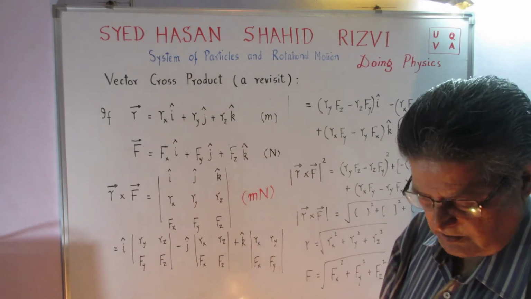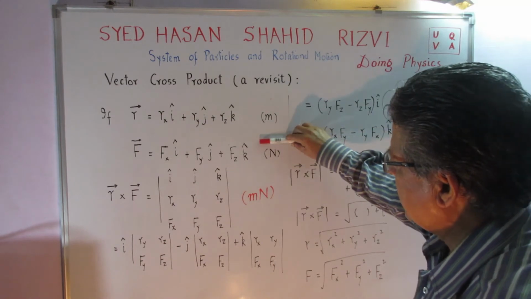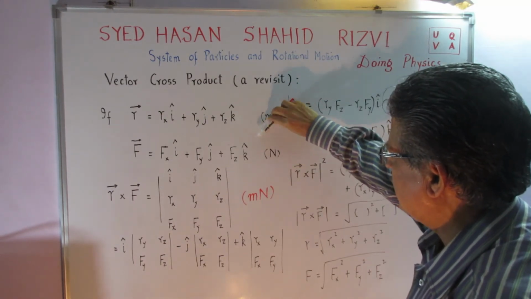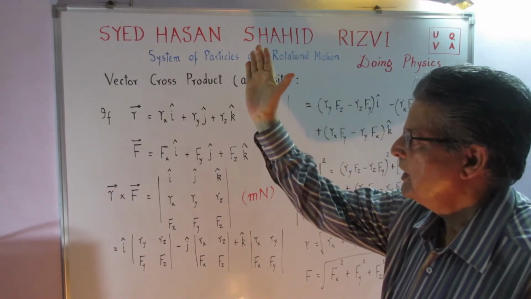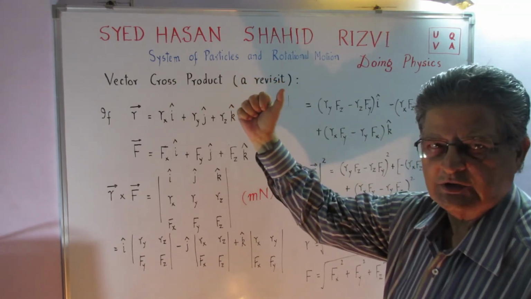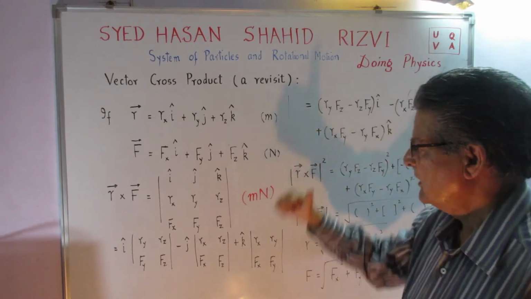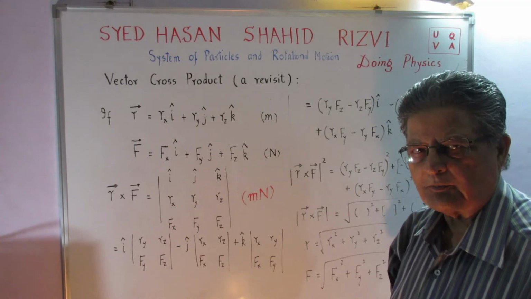Always remember, before I close, that if there are two vectors, A like this and B like this, then we have to use the right palm and the fingers curl like this. When I take the first vector toward the second vector, my outstretched thumb gives the direction of the product vector.